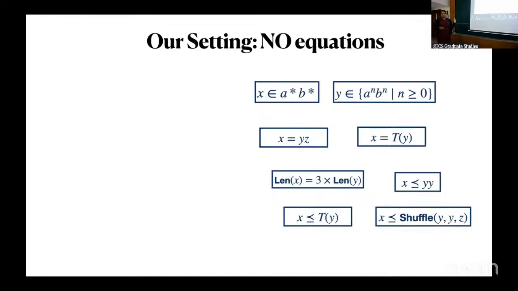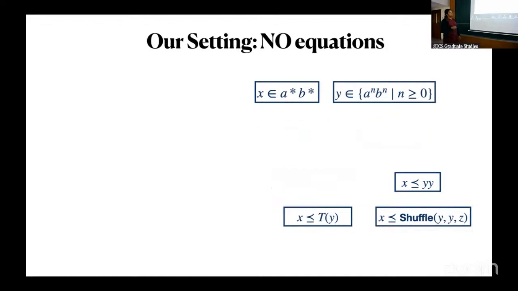In the setting that we are going to see today, we will not have equations, so you will not see equality here. We will remove the ones that are equality, and everything else will remain. Is it the prefix relation? No, this is the standard subword, subsequence relation. There is a subsequence relation, there will be transductions and there will be shuffle. We will see examples of these things also. And then we will have membership constraints coming from regular and also from context-free languages.